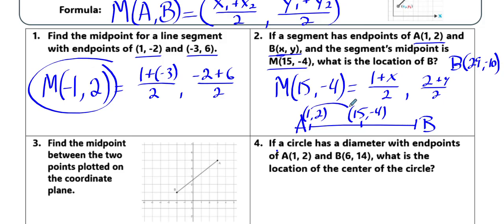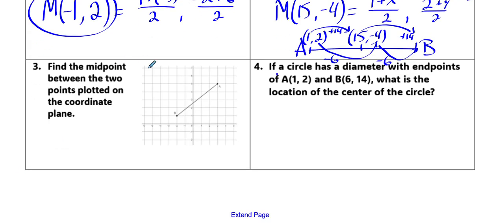So that's going up by 14. Going up another 14 takes me to the x-coordinate of B, which is 29. Same logic here, going from the y-coordinate to the midpoint. We know that gets us halfway. We're just going to repeat that pattern. That's going down 6. So we just go down 6 again. From -4, going down 6 to -10.